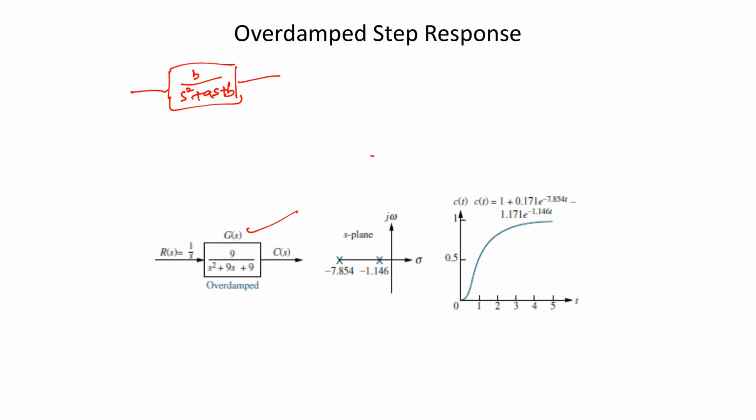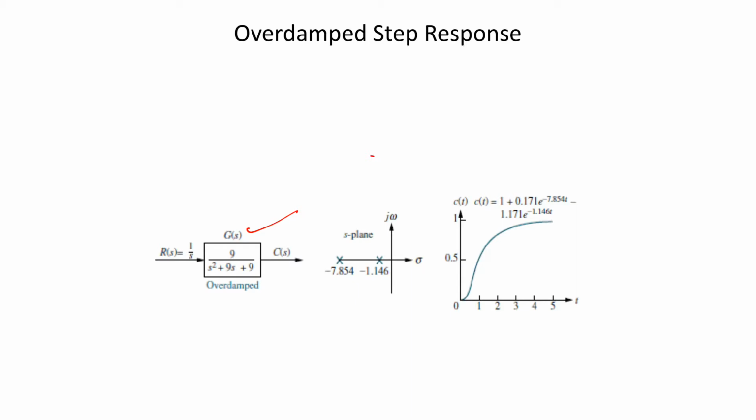This transfer function has no zeros and two finite poles, and by assigning appropriate values to the parameters a and b, we can show all the possible second order transient responses. So for the sake of understanding, while varying a and b, we can show the different responses. What are the different responses that can be obtained in this case? First we come to the overdamped step response.